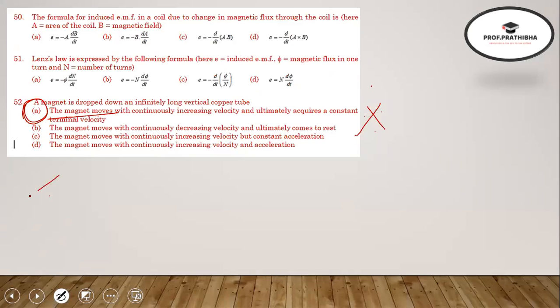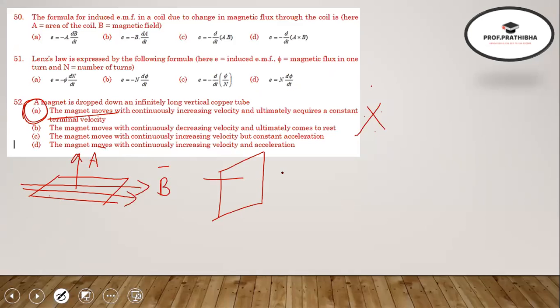If the plane of the coil is parallel to the magnetic field, it looks like this, the area vector is in this direction, A bar and B bar. When the plane of the coil is perpendicular to the magnetic field, then A bar and B bar are in the same direction. In which case does rotation occur?